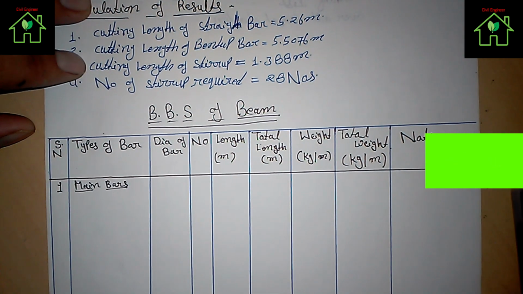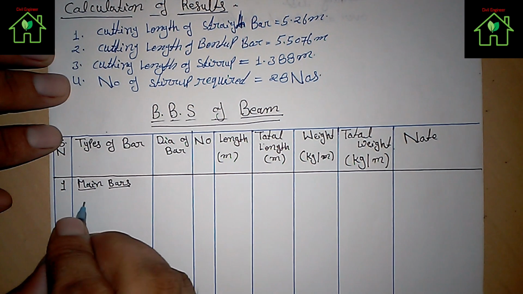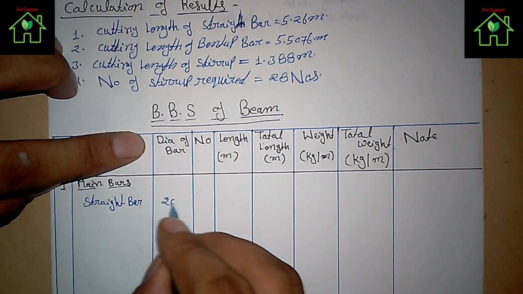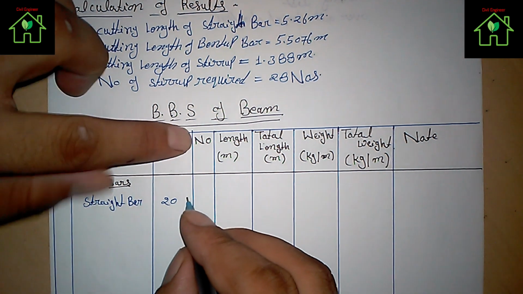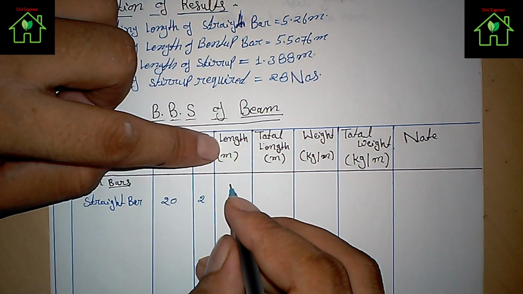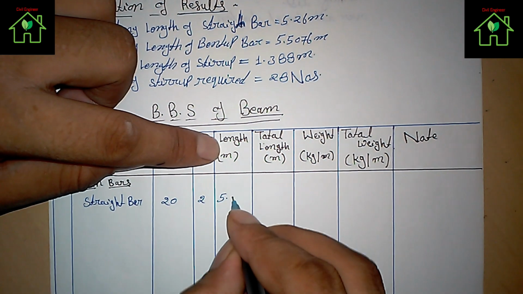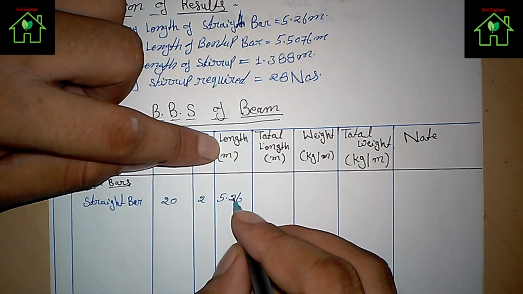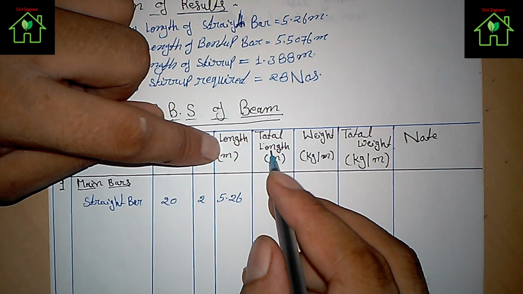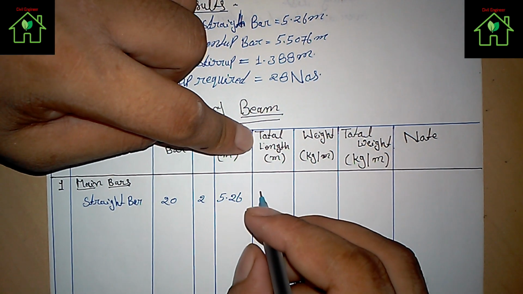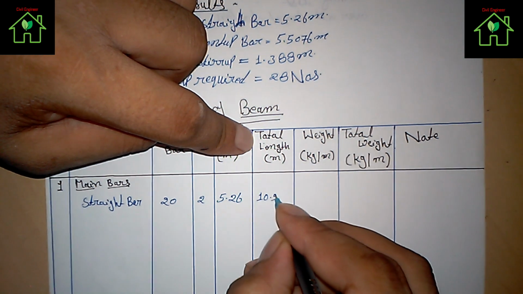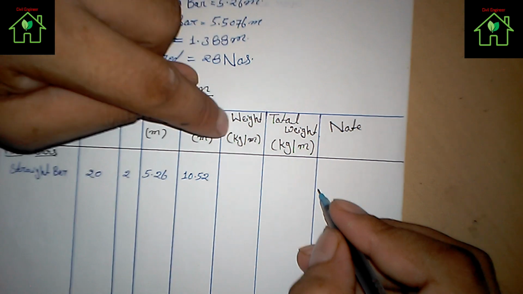In main bars, we have two types of bar. First is straight bar. What is the dia of bar? It is equal to 20 mm. How many numbers do we require? 2. Length in meter is 5.26. After that we calculate the total length of the straight bar: 10.52. What is the weight in kilogram per meter?